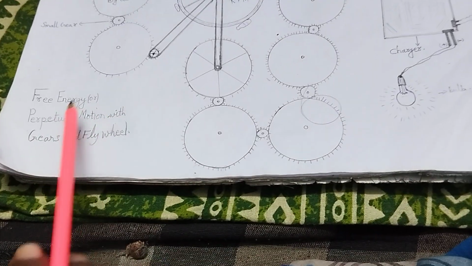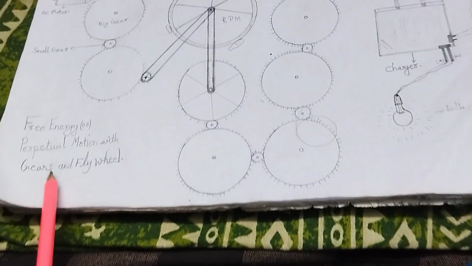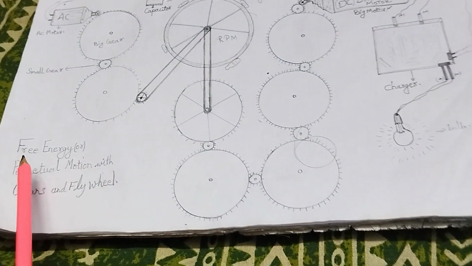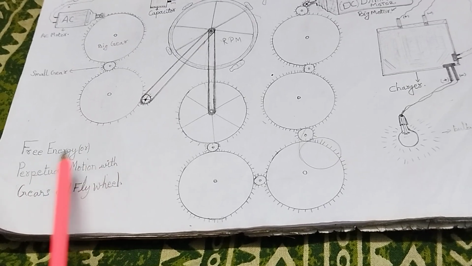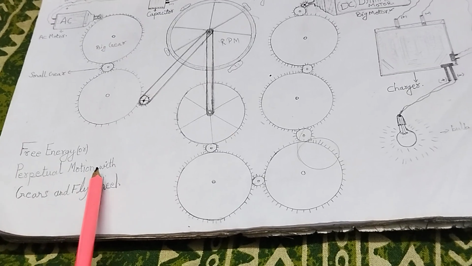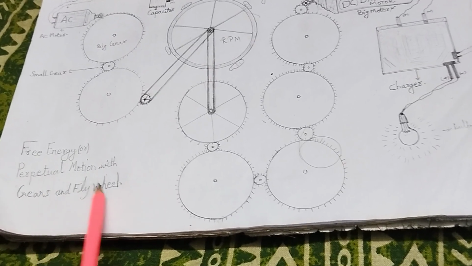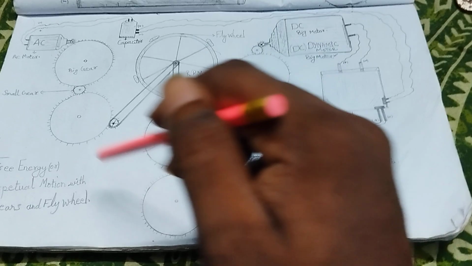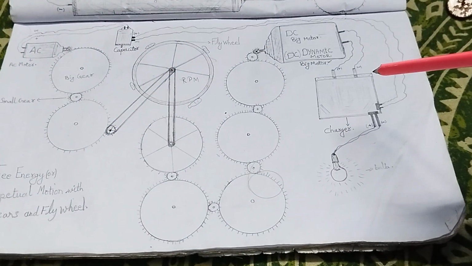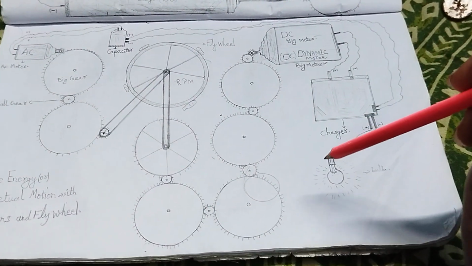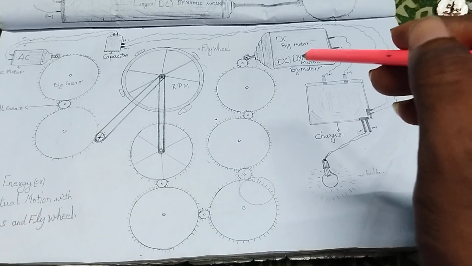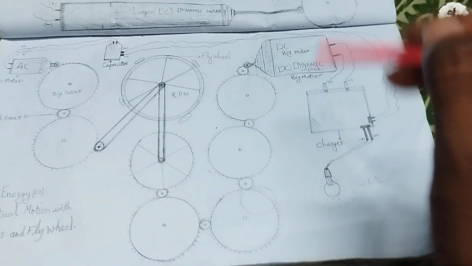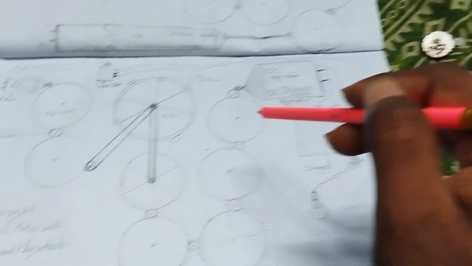Perpetual motion or free energy with gears and flywheel. So this is the free energy or perpetual motion with gears and flywheels method. Here everything completely depends on current and flywheel gears method only.